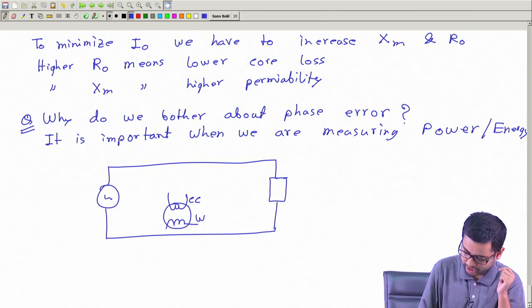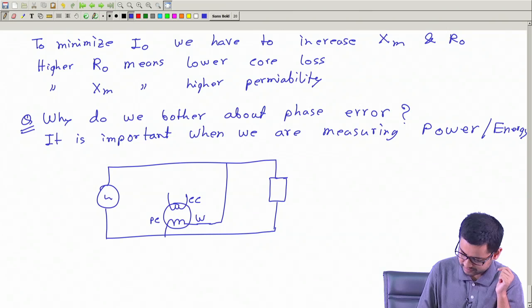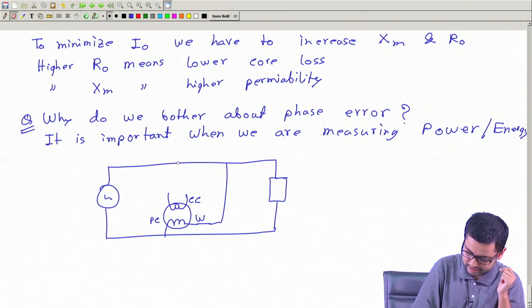This is the current coil, this is the pressure coil, and say this pressure coil is measuring this voltage, but the current coil is measuring this current through a CT. So this is a CT.